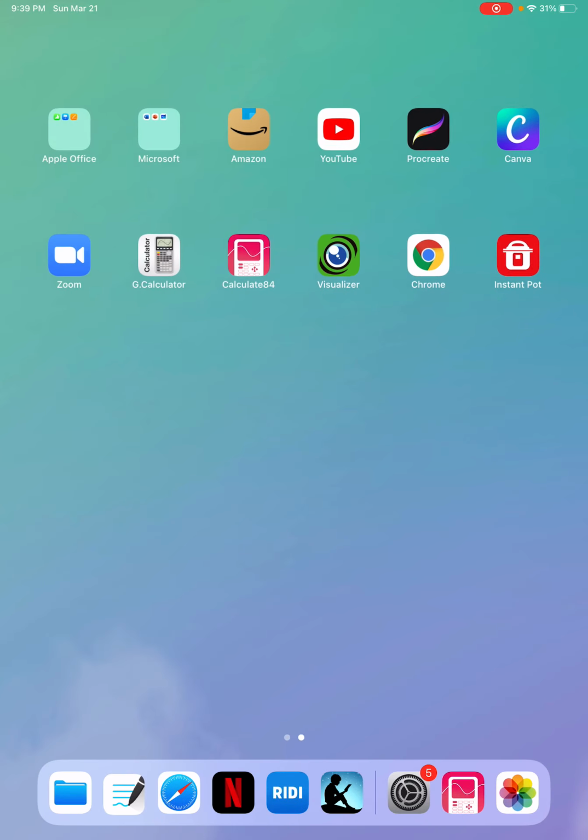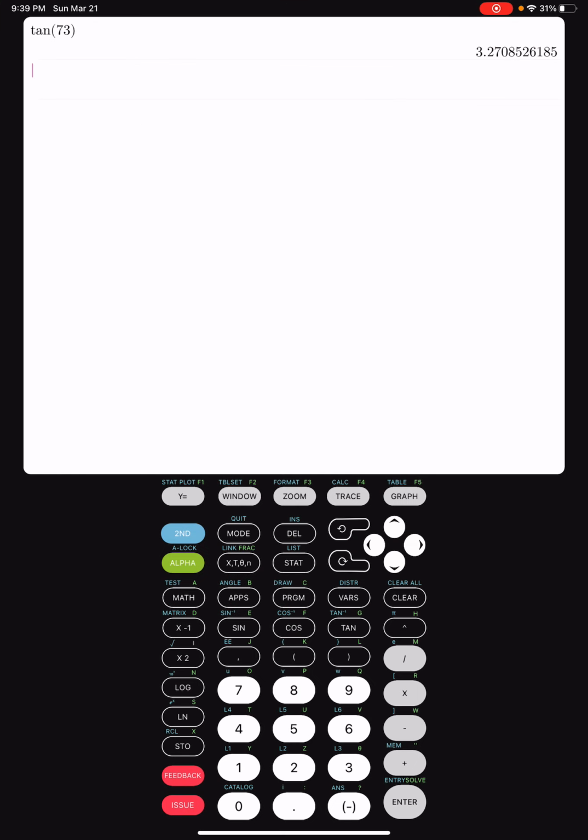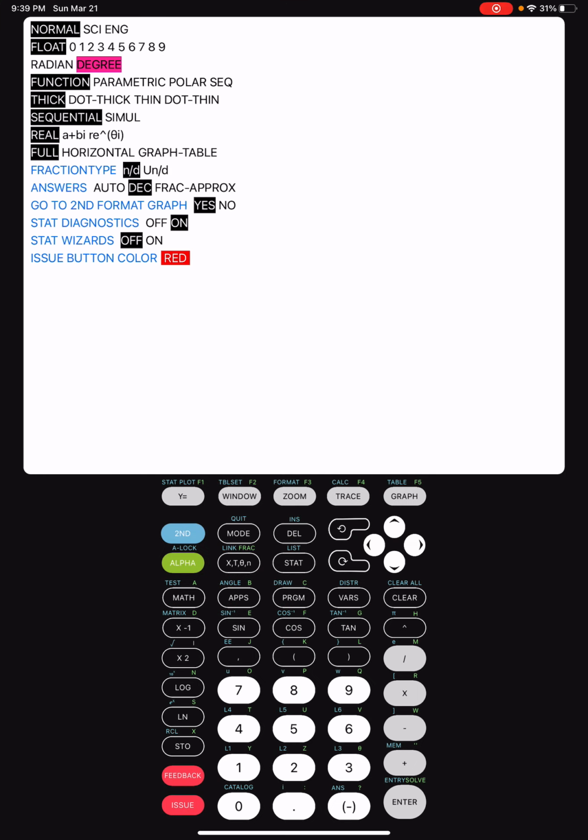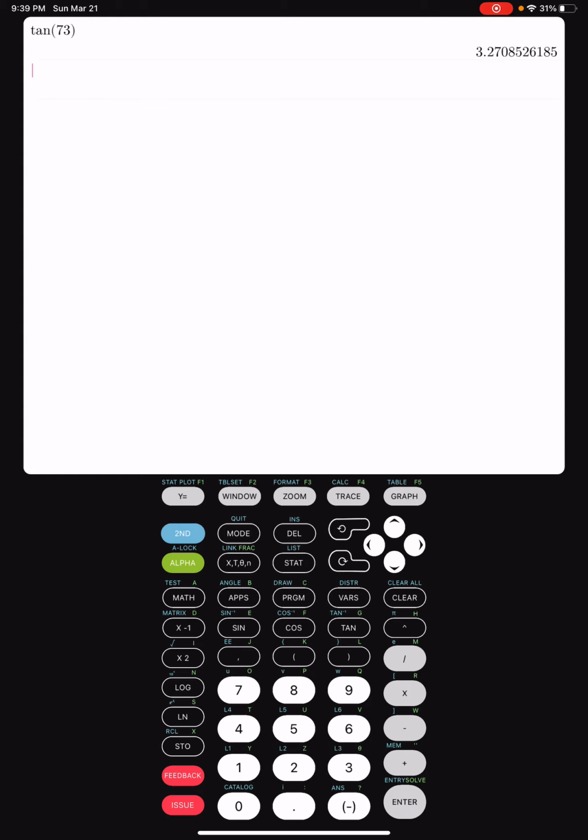Always begin by checking, because you never know what mode you ended your last problem in. So change to radian. Okay, and then second mode to go to quit, and then it was sine of 1.5.